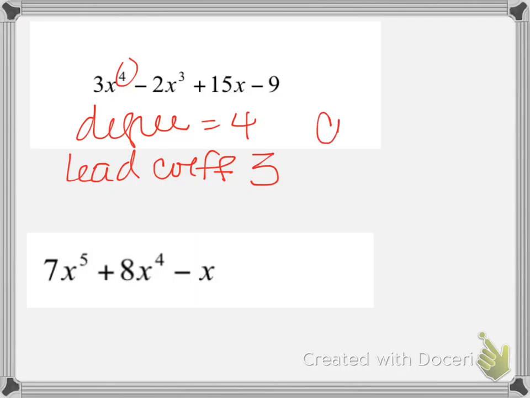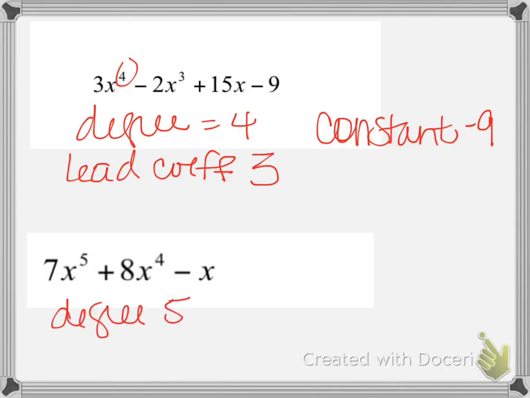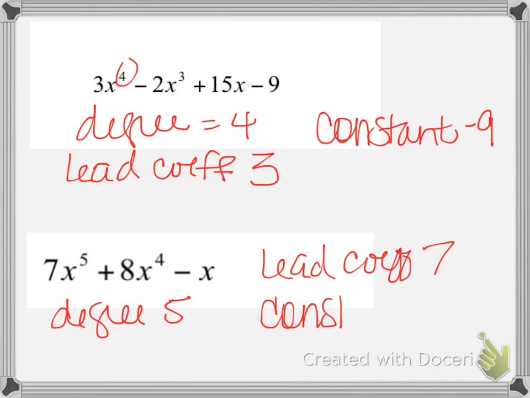And then, last but not least, your constant is the last number without a variable, and that is -9. On the bottom, your degree is 5, your leading coefficient is 7, and your constant, well, there's no plain old number down here, so we just write none.